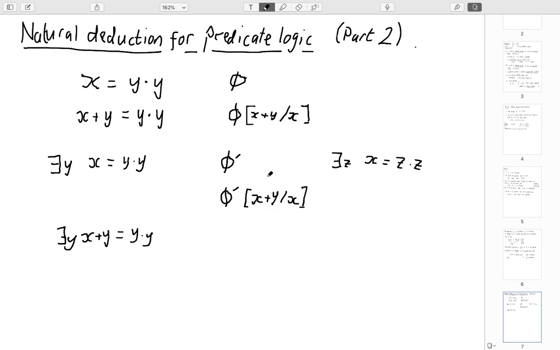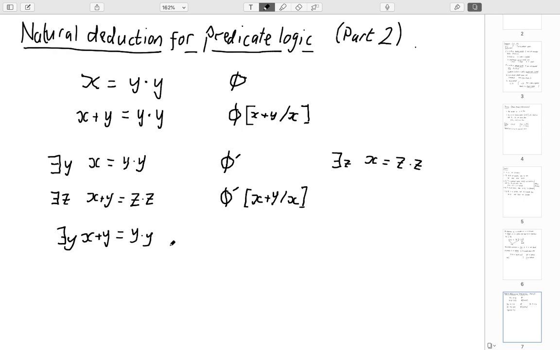But if we write the formula like this, we can perfectly well substitute x plus y for x without any ambiguity, because if we do that, we get the formula there exists a z such that x plus y equals z times z, which indeed says that x plus y is a square number.